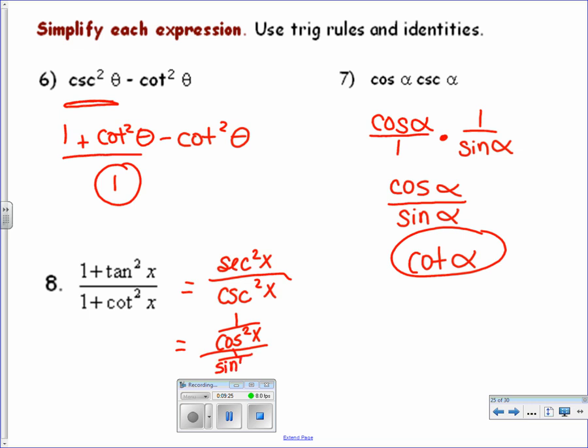And because this is a fraction, remember if we divide by a fraction, we're going to multiply by the inverse. So we're going to get sine squared of x over cosine squared of x, which is not going to make just tangent, it's going to make tangent squared of x.